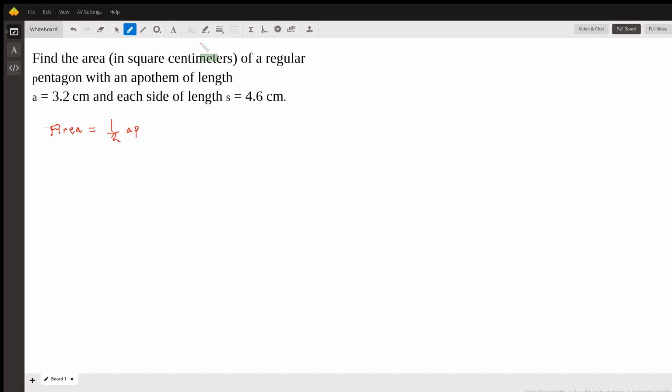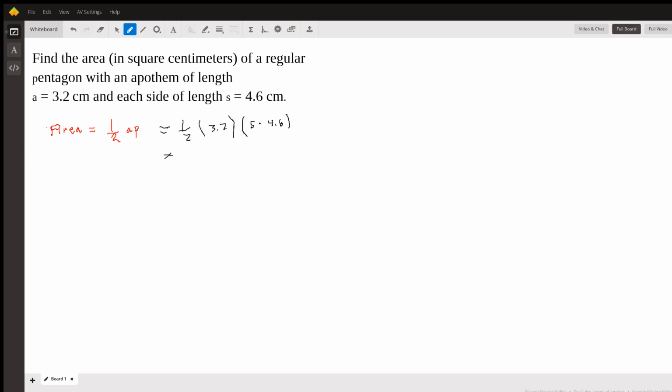Now to plug in here, I'll just change colors. And so it's going to be 1/2. The apothem is 3.2. And the perimeter of the pentagon is 5 sides, so it's 5 times 4.6. Okay, and I'll take a minute here to put this in my calculator.